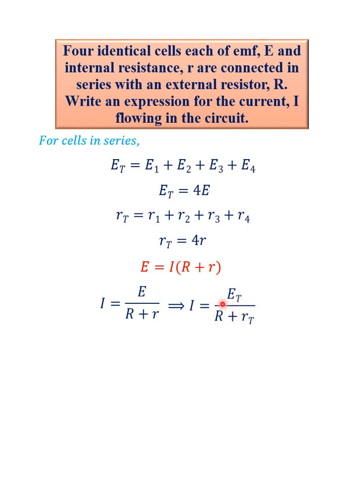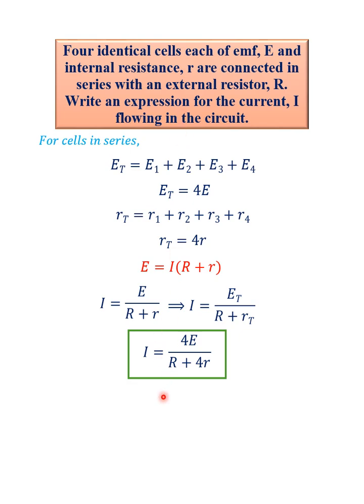E total is 4E, r total is 4r, so that the current becomes I equals 4E over R plus 4r. So this is the expression for the current we are told to look for. If figures were given, you just plug in the figures into this formula and you will get the value for the current. So this is the answer to this question.